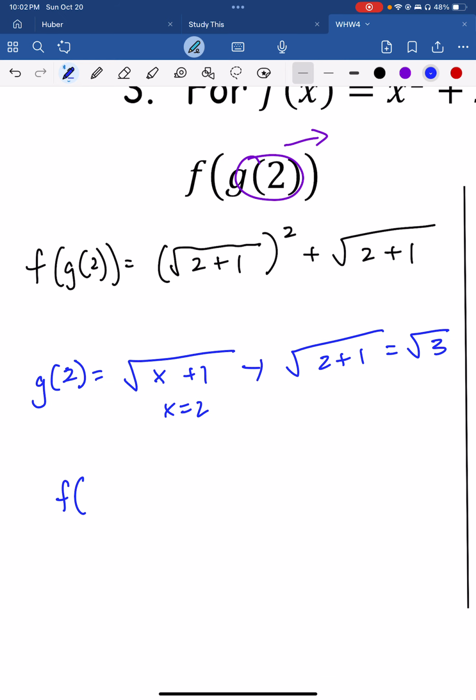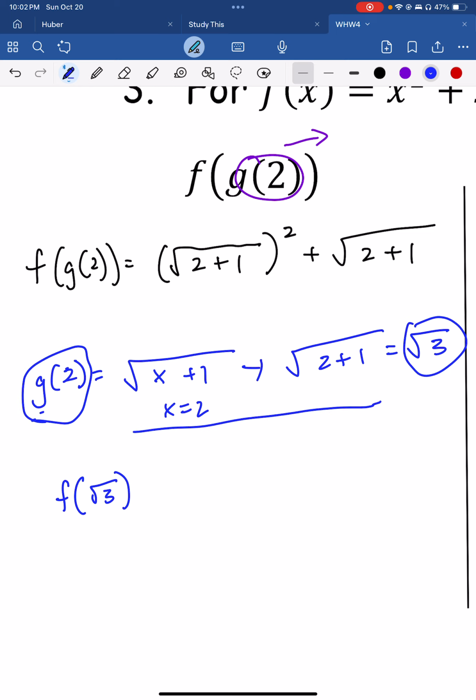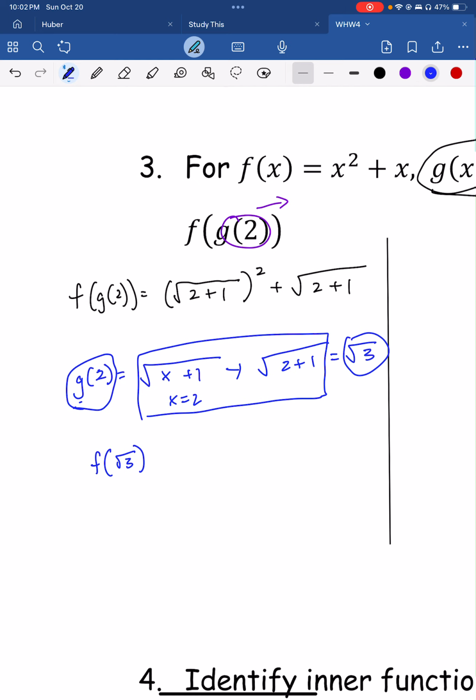Now I will evaluate f of square root of 3, because g of 2 is equivalent to f of square root of 3, just like how it's equivalent to the middle part here. So f of x is x squared plus x, but in this case we're doing a function of square root of 3. So square root of 3 squared plus square root of 3. And all I get is 3 plus root 3.